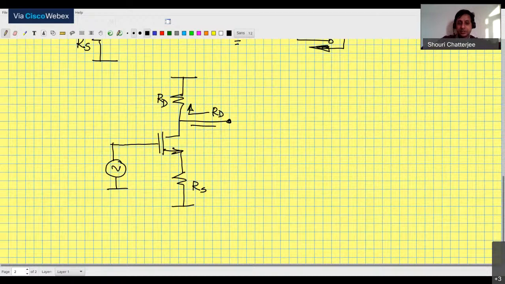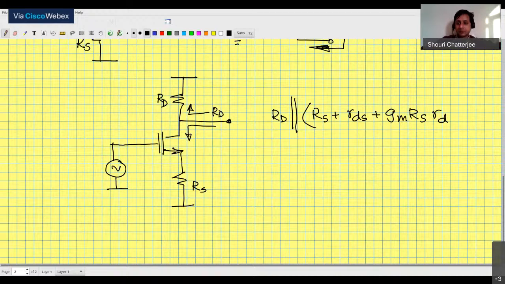When you look downwards, you see something that is just this formula. So your net output impedance is RD in parallel with this. Basically you just write it down. This is the hardest one.